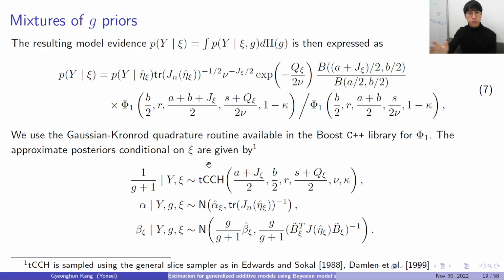That could be admissible for linear models, but in our case, since we're doing semi-parametric regression, we want all the uncertainties in g to be accounted for. That's why we are sampling g here, to enable fully Bayesian inference.